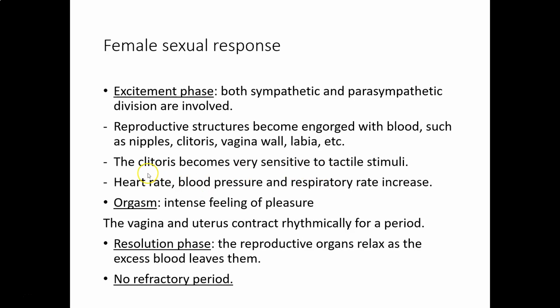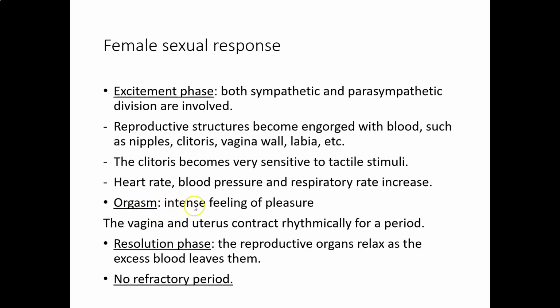And remember, the parasympathetic and sympathetic divisions are involved in control of your heart rate, blood pressure, and respiration rate, all of which increase in the excitement phase. Then it's going to build onto each other, like a positive feedback, until it produces orgasm.